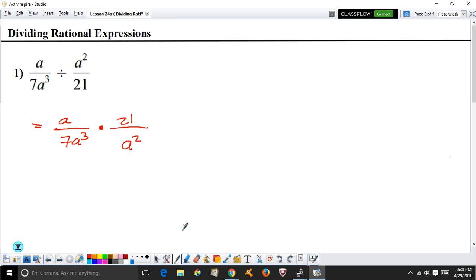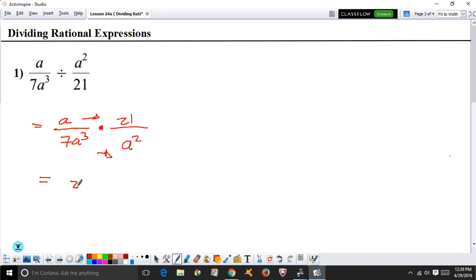Now that we have this, what can we do here? Let's see if anything cancels out. It does kind of cancel out, but you cannot see it right away. So let's just multiply top times top, bottom times bottom.